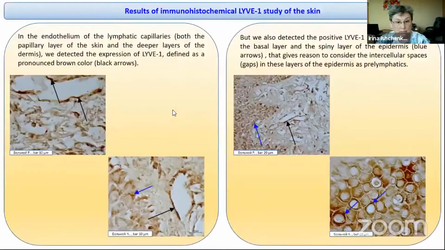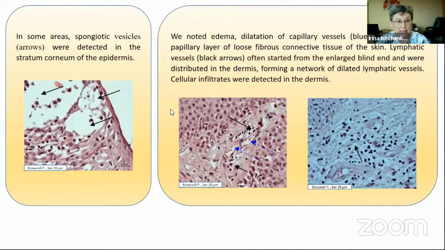In some areas, spongiotic vesicles were detected in the stratum corneum of the epidermis. We noted edema and dilatation of capillary vessels in the papillary layer of loose fibrous connective tissue of the skin.